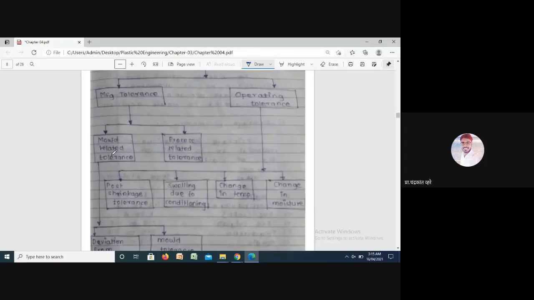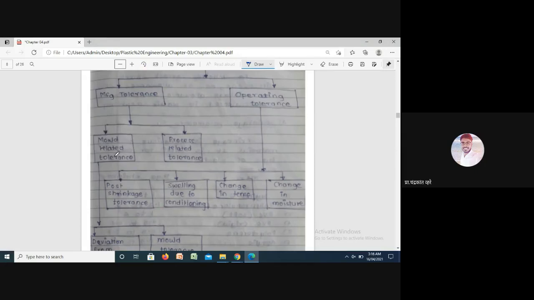Mold-related tolerances mean that at the time of mold manufacturing, we also need to maintain tolerances, in mold design using the CNC machine or process-related tolerances. So initially we'll compare this.